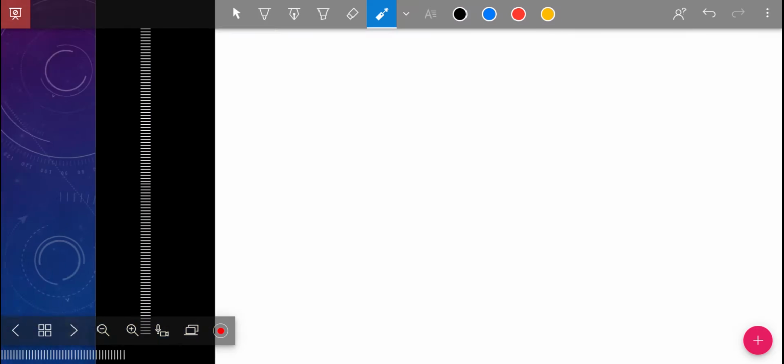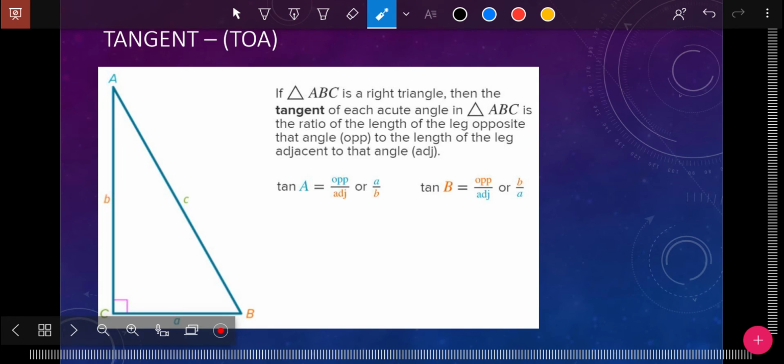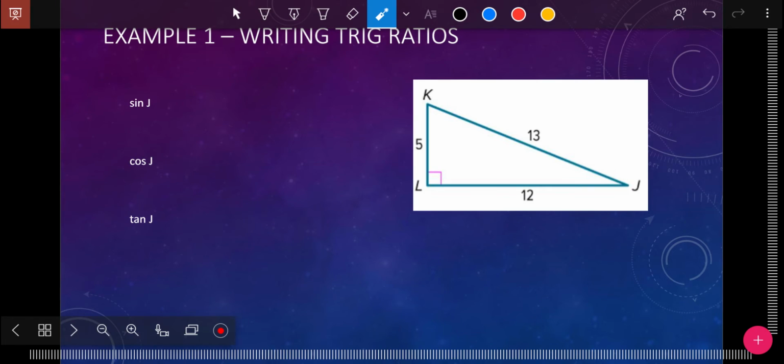Then tangent goes with TOA, opposite over adjacent. For tangent A, I would do opposite over adjacent. For tangent B, I would do opposite over adjacent.